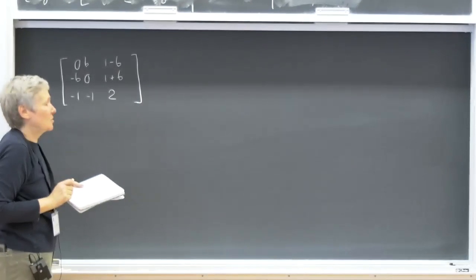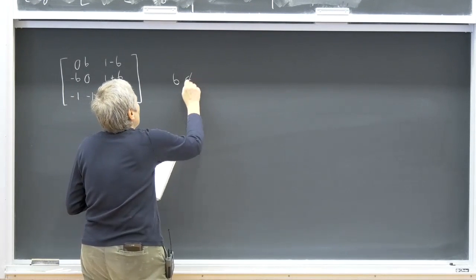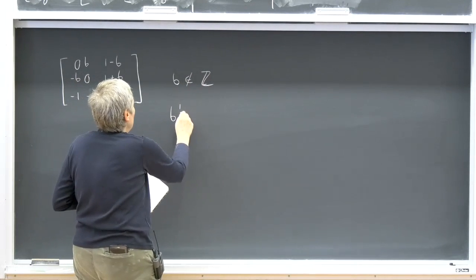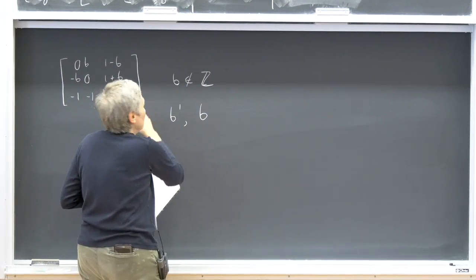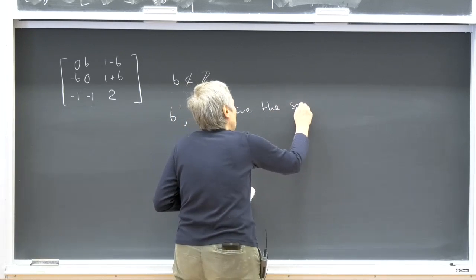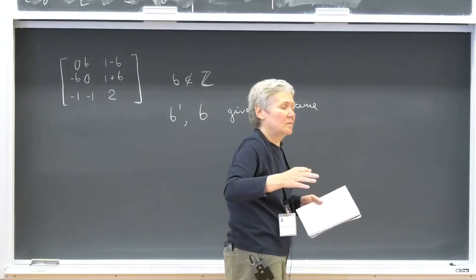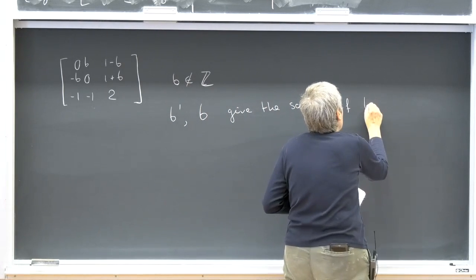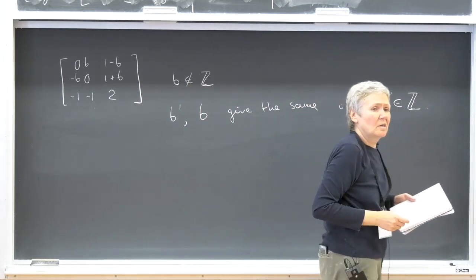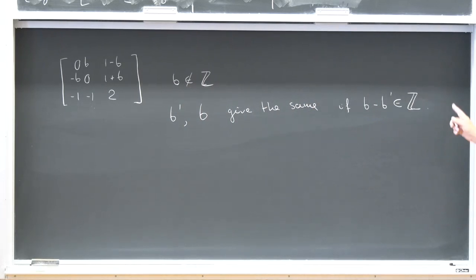So it depends on a parameter B. We assume that B is not an integer. And B and B prime give the same algebra if they differ by integers. So it is interesting that here you really see the action of the groupoid in changing this parameter B.